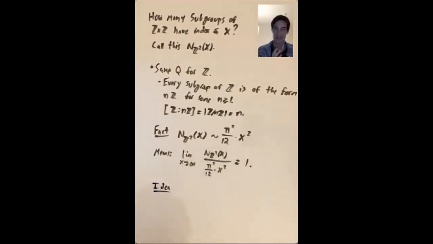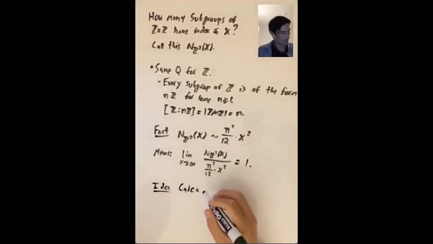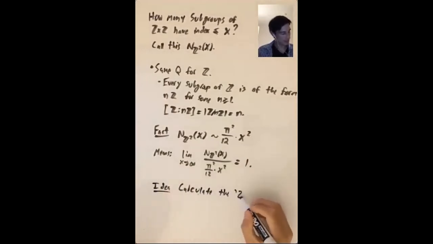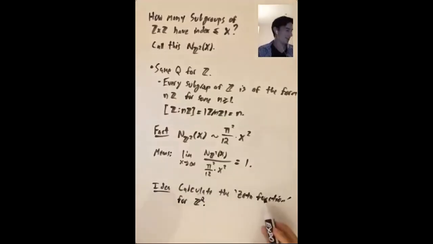This is something that I think about a lot in my research life: there's this thing attached to an infinite group called a zeta function. So calculate the zeta function for the group Z cross Z, or more standard to write it as Z^2.